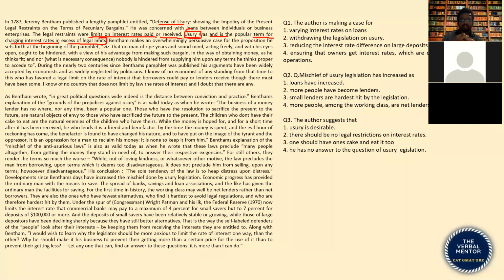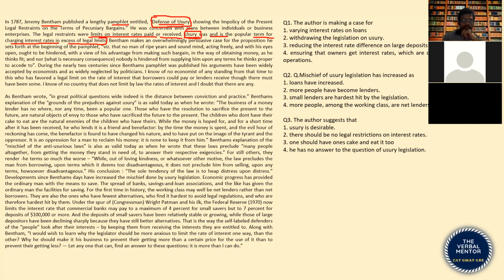So what is usury? Charging interest rates in excess of legal limits. And this guy, Jeremy Bentham, published a pamphlet in defense of usury, which means he supported the practice of charging interest rates more than the legal limit permits.